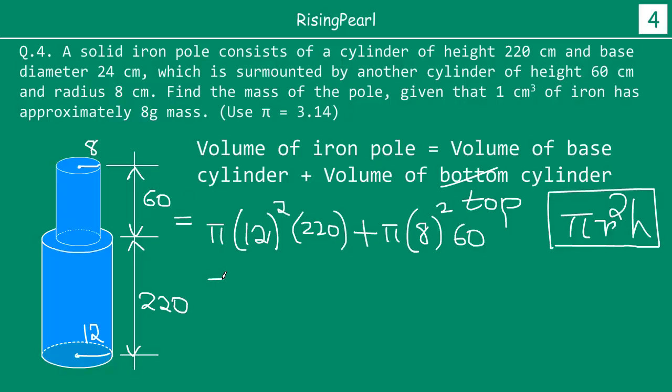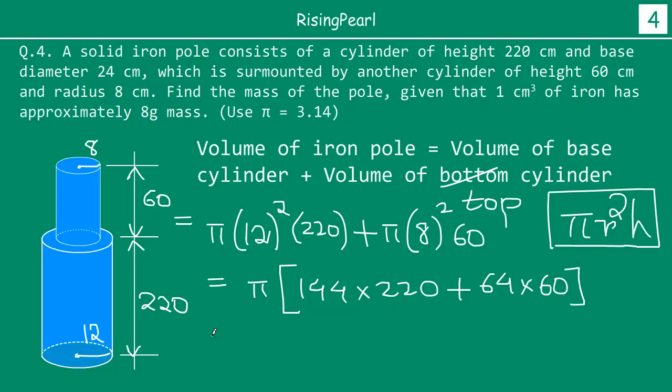So what you can do from here is take pi common and then multiply. So 12 square times 220 plus 8 square, which is 64, times 60.